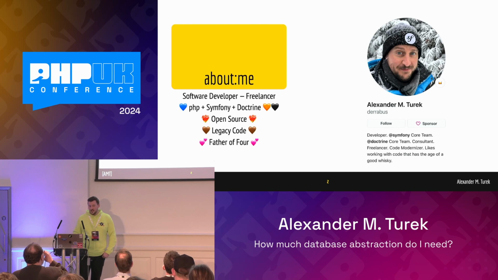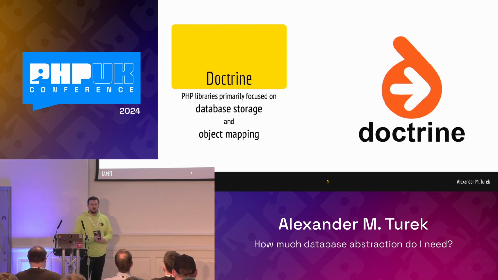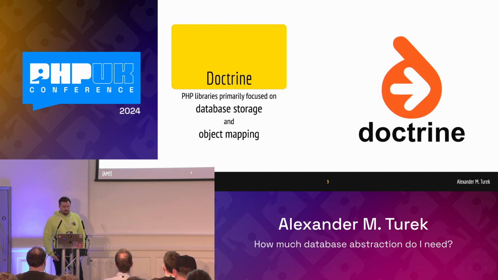And today I will be talking about the libraries of the Doctrine project. So what is Doctrine? Doctrine is a project that develops a couple of libraries with the main focus on database storage and object mapping.